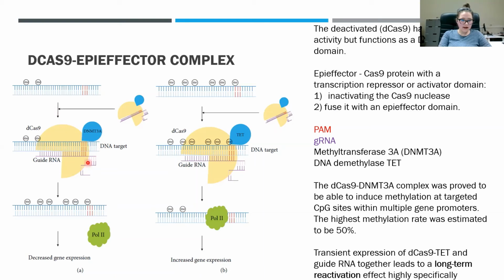So after this binds, DNA methyltransferase adds methyl groups on DNA, and we have decreased gene expression. Oppositely, if the epi effector is TET, a DNA demethylase, we get demethylation of DNA and increased gene expression.